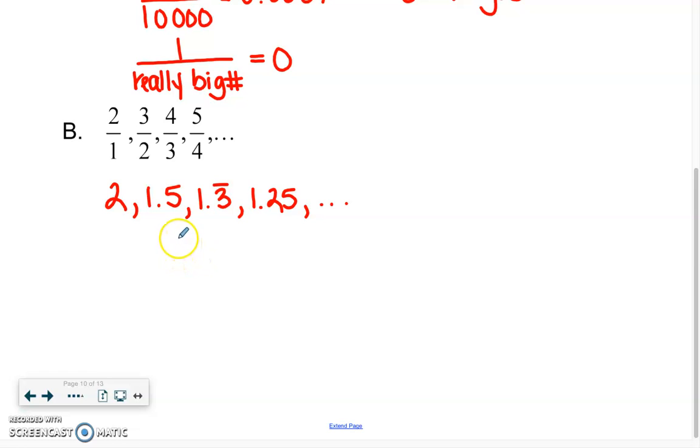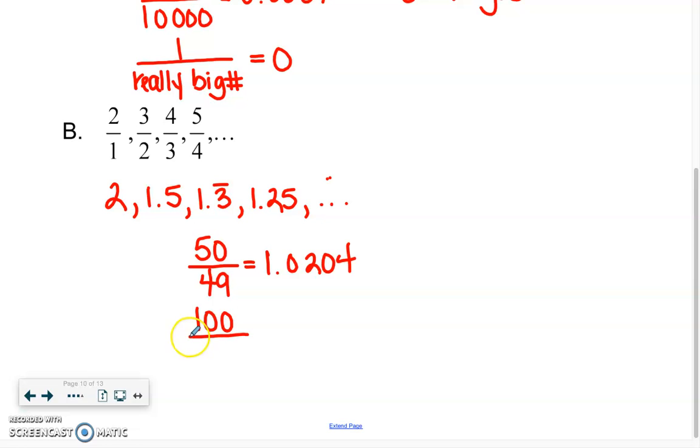So I'm just going to, again, pick a really big number. Maybe I'll just do something like 50. And if the top was 50, the bottom would be 49, according to the way this pattern is set up. So I'm going to get a calculator and see what this equals. 50 divided by 49 would be equal to 1.0204. And then let's just do another one.